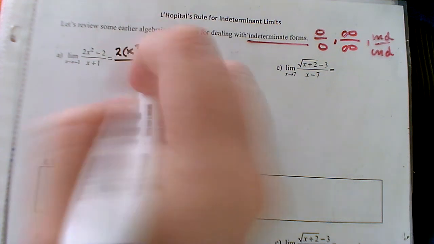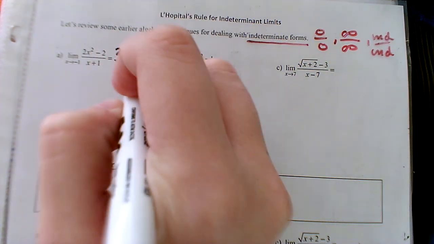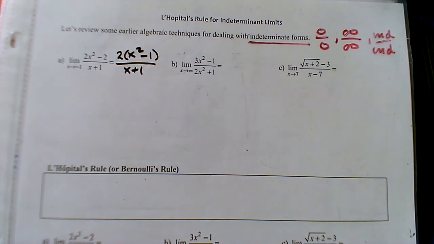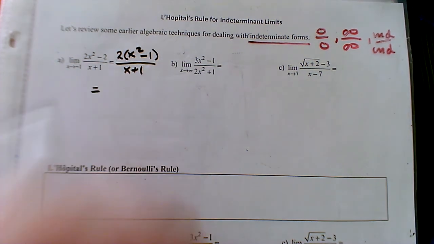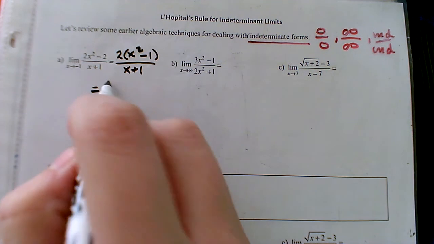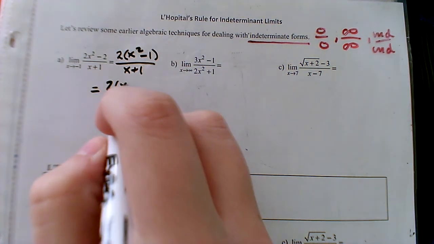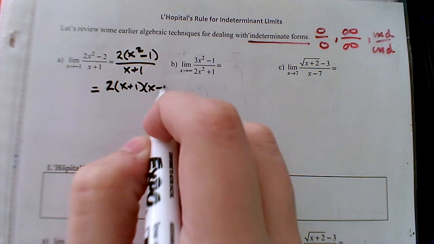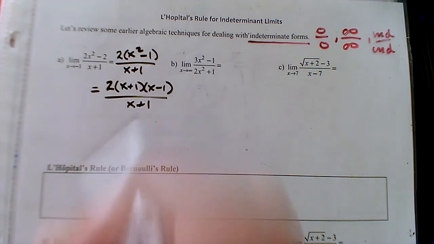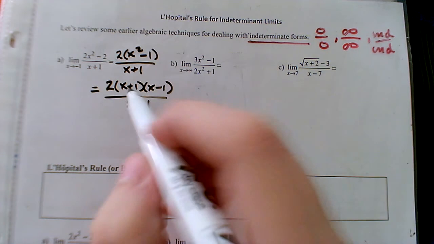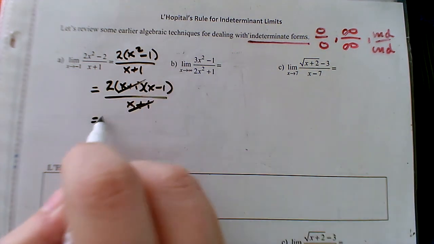Let's try it. So we can pull out a 2 from the top. Can we keep factoring? X squared minus 1 is a difference of perfect squares. So that would be x plus 1, x minus 1. Looks like the x plus 1s will cancel.